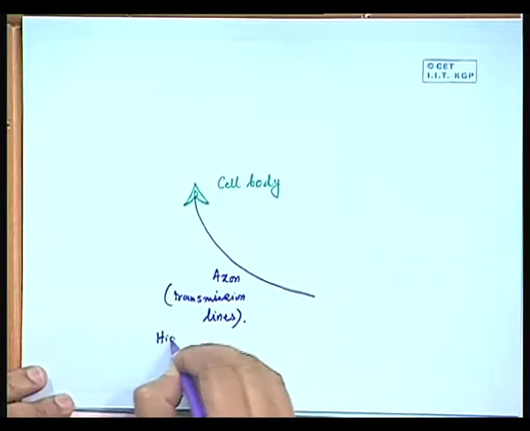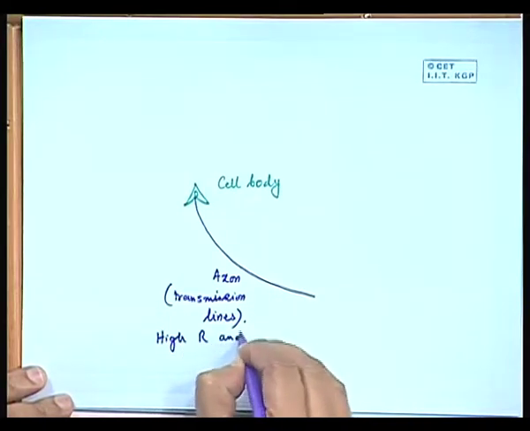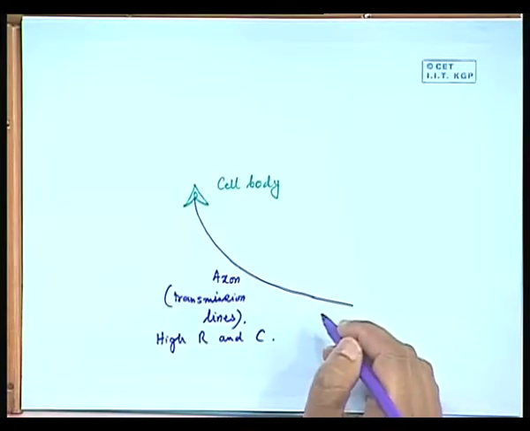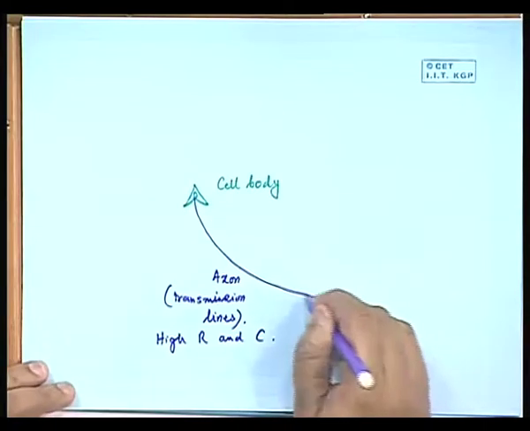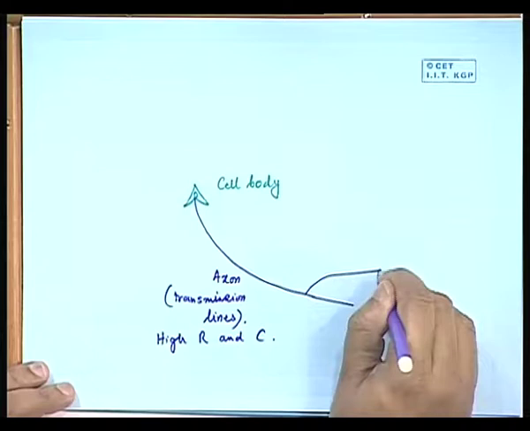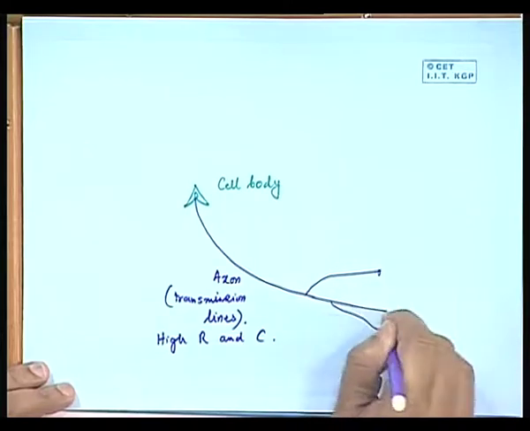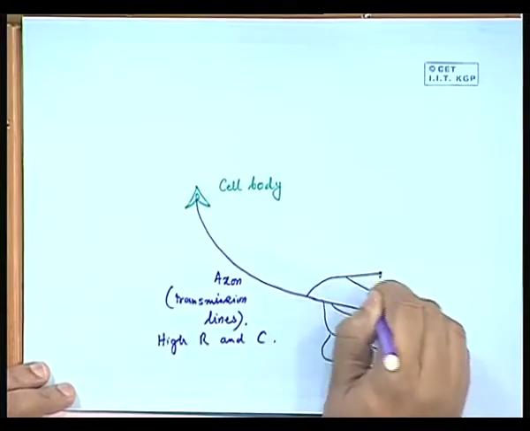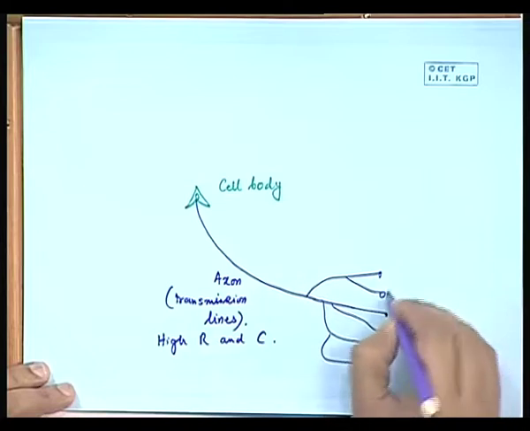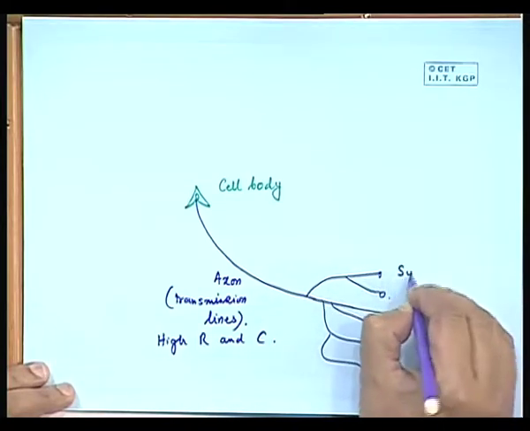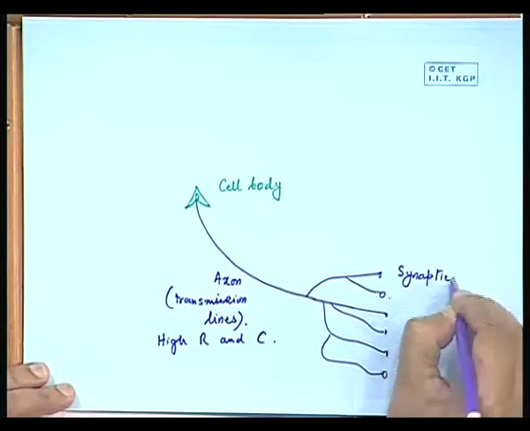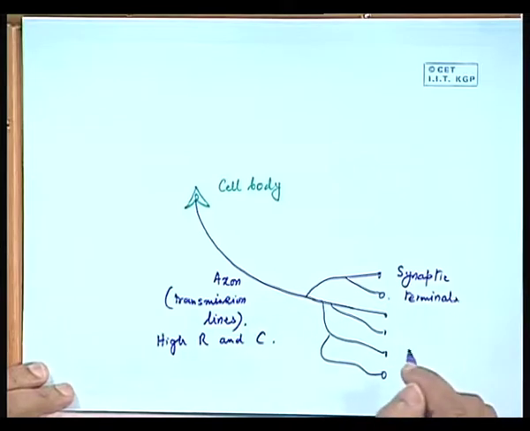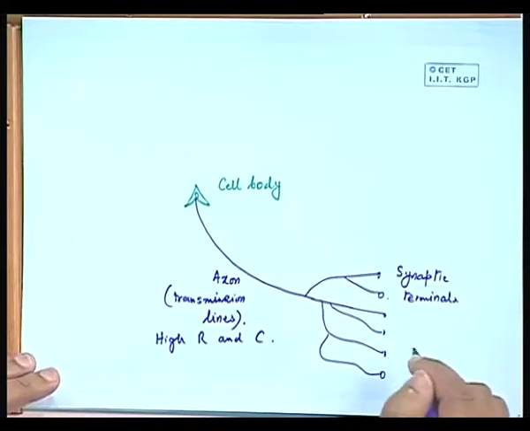So, this has got high R and high C. Now, these axons act as the transmission lines for carrying the electrical signals, and they end up with, so here you can see that there is some tree-like structure, and all these ultimately end up in what are called synaptic terminals, and these are basically used for making connections with the other nerve cells.